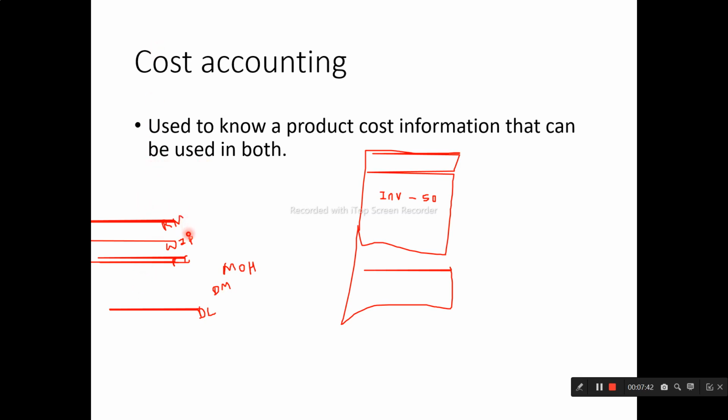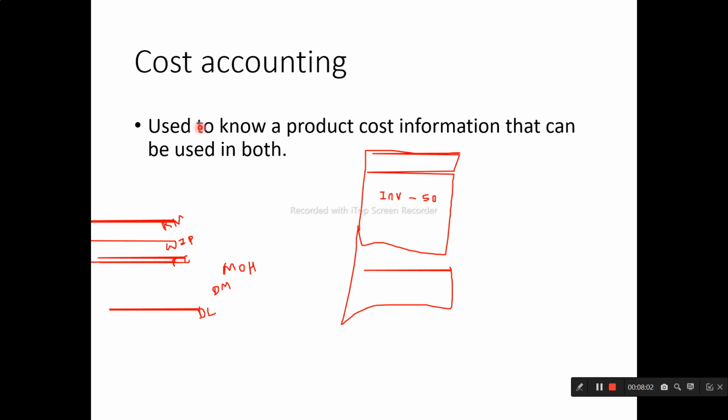In order to produce this inventory, we should know how much direct material, how much labor, and how much indirect costs we have used for this inventory. Without knowing that, we cannot know that product's cost.